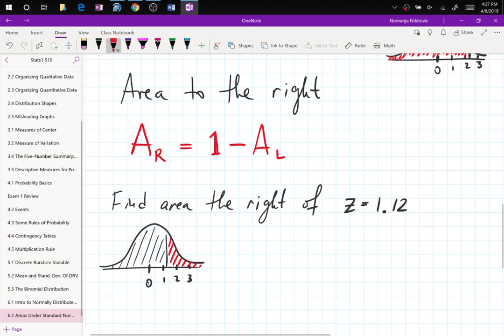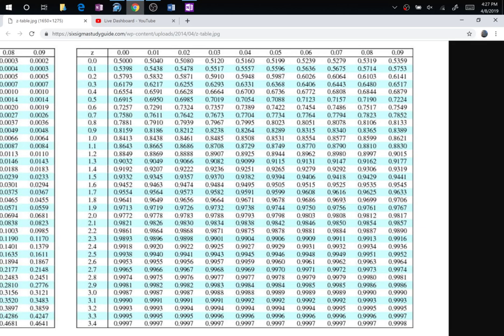So we first find the area to the left by going to our chart and looking at the positive side for 1.12. So 1.12 is all 8s, right? Oh, it's not 2, it's 1, 1, 2.